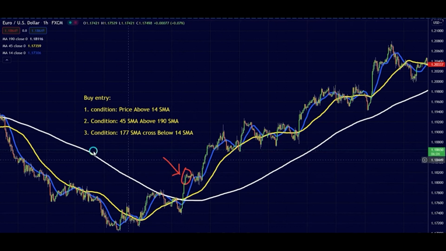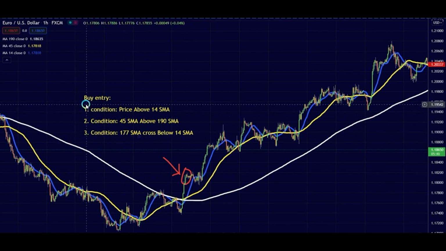Our third condition is a cross function: when the 177 simple moving average crosses below the 14 simple moving average, that is our third condition.